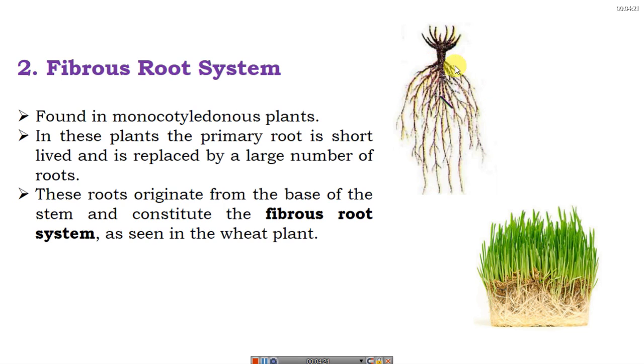Okay, these kinds of roots arise from the base of the stem and continue as the fibrous root. You cannot identify any main root here. All the roots will look alike. For example, here you can see that germinating weeds are showing you the fibrous kind of root system.